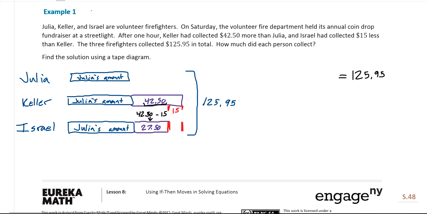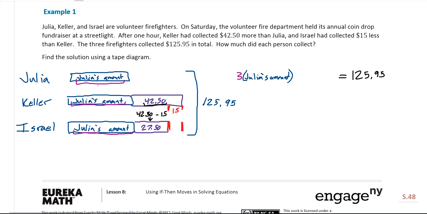Okay, so if I go forward with this, we are just going to take all of these chunks right here and put them all together to get that $125.95. So we see how we have 3 of Julia's amount. So I'm going to write 3 multiplied by whatever Julia's amount is.